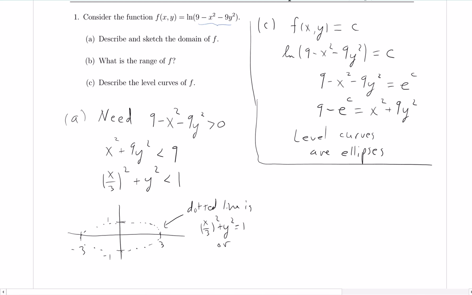Or another way to write it is that the original quantity that we were looking at is equal to 0. Okay, but it's not an equal sign, it's a less than sign. So that means we have the region inside. So this is the domain of our function. It's described by this inequality, and geometrically, it is the interior of this ellipse, not including the boundary.